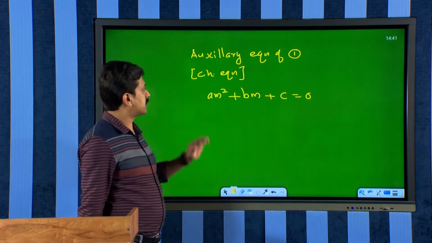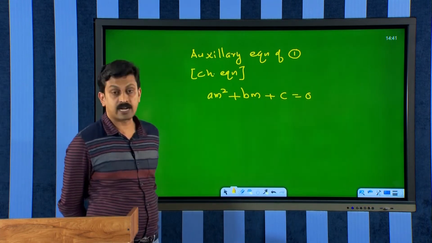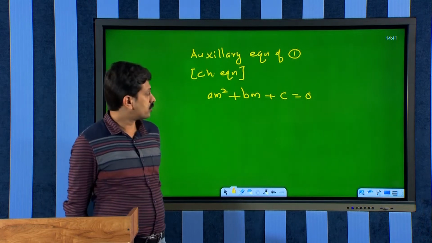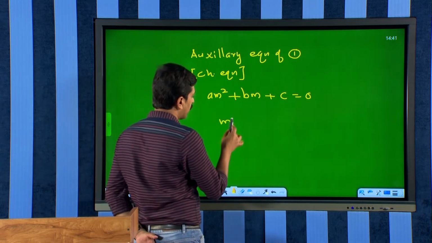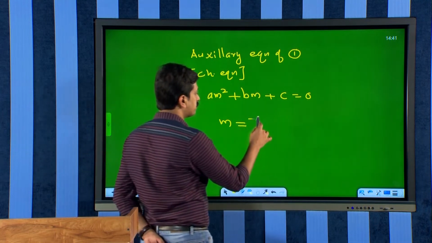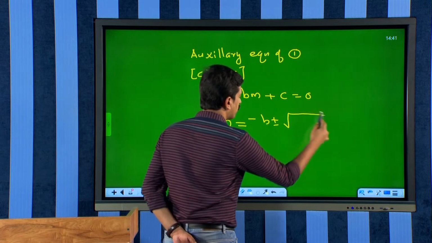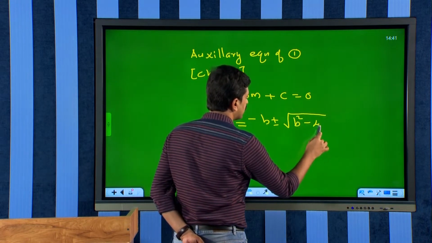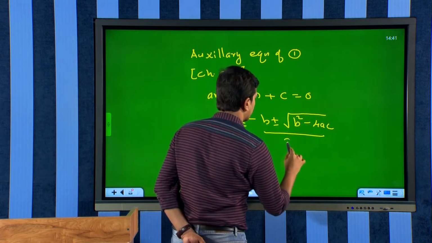This is a quadratic equation in m, so we can find the value of m, that is m equal to minus b plus or minus root of b square minus 4ac divided by 2a.